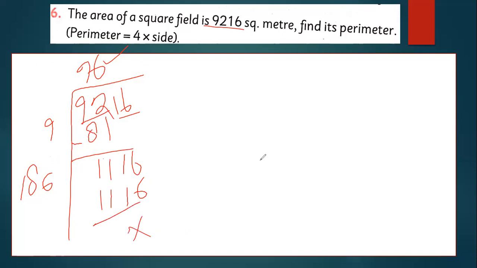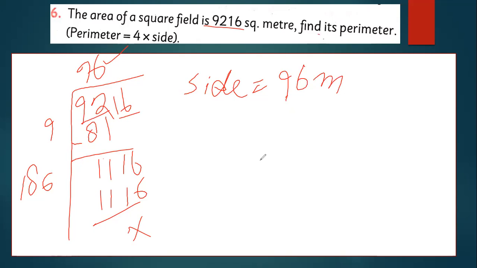Yes, that is done. So each side is 96 meters. Now we will find the perimeter.